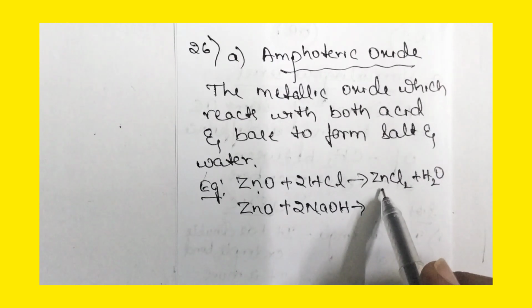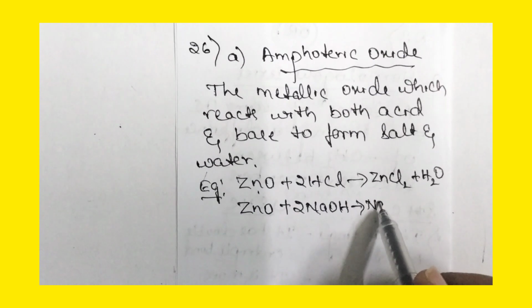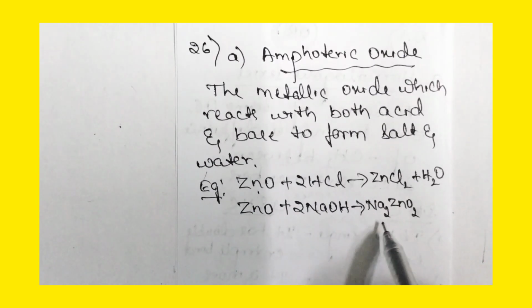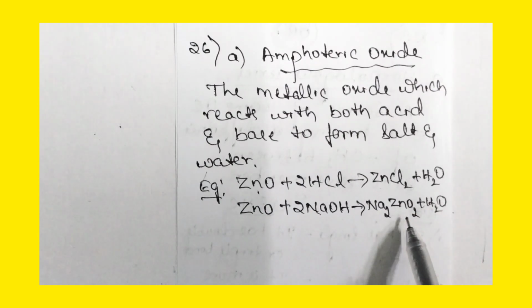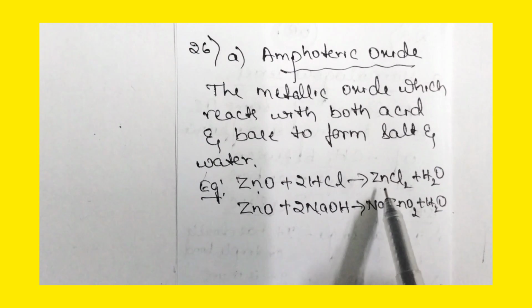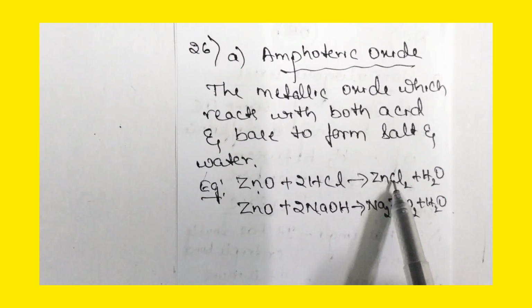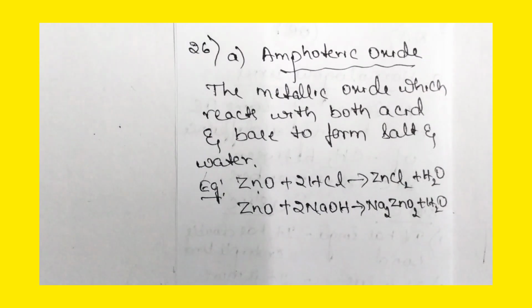This salt is called zinc chloride. Then here Na2ZnO2. The name of this salt is sodium zincate. This is zinc chloride, this is sodium zincate. These two are the salts, and along with the salts water is formed. So this is about amphoteric oxide.